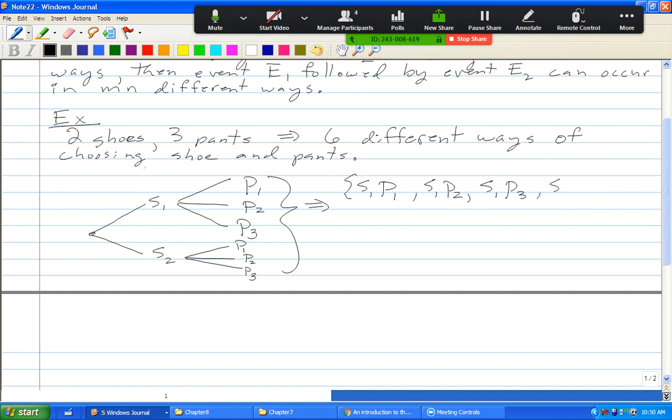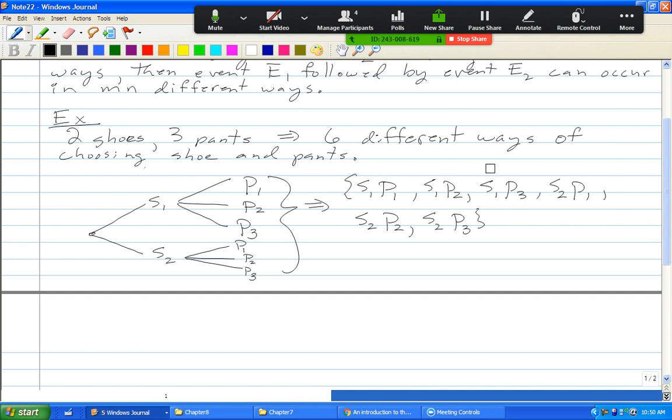Okay, sorry, I can't write as fast or the computer doesn't keep up with me, so I've got to slow down. Okay, shoe 2 with pant 1, shoe 2 with pant 2, or shoe 2 with pant 3.